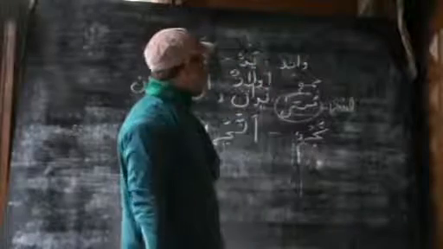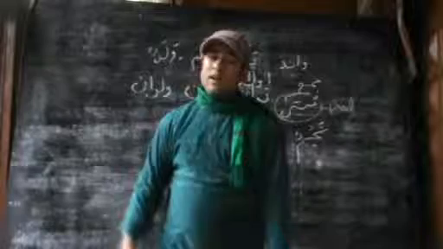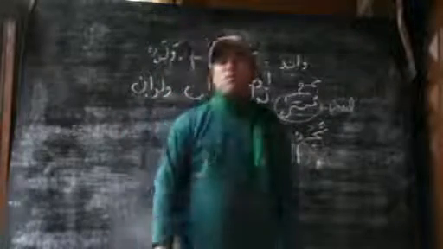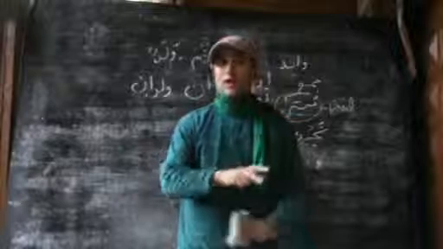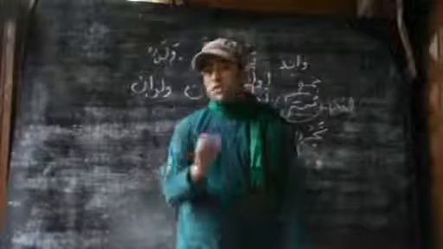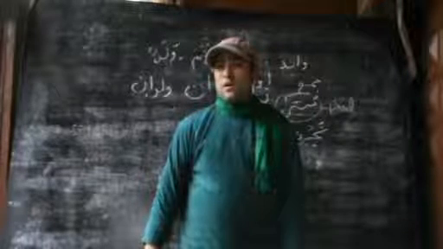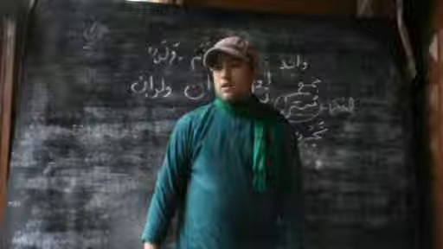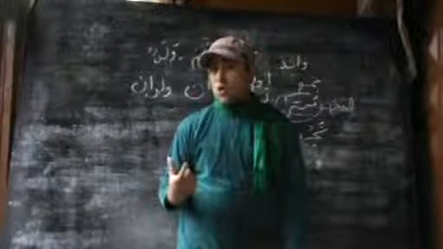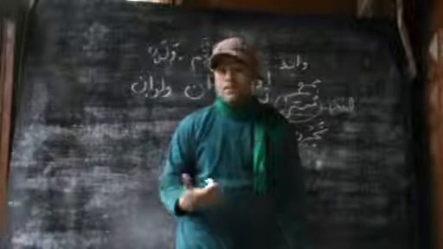So this was all about singular, plural, and also musanna. But you have to remember one thing: for the feminine category, we always add the ta marbuta. For example, Nasim is the name of a boy, and if we want to say it for a girl, we say Nasima.